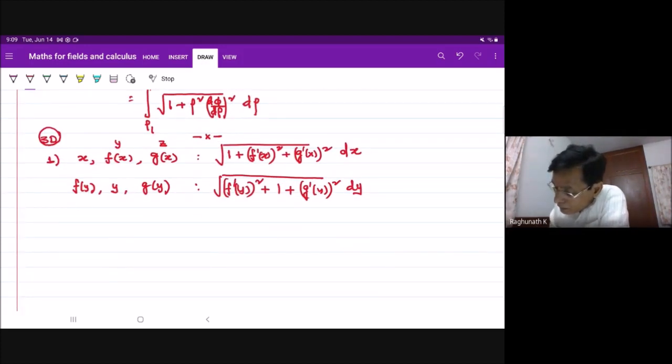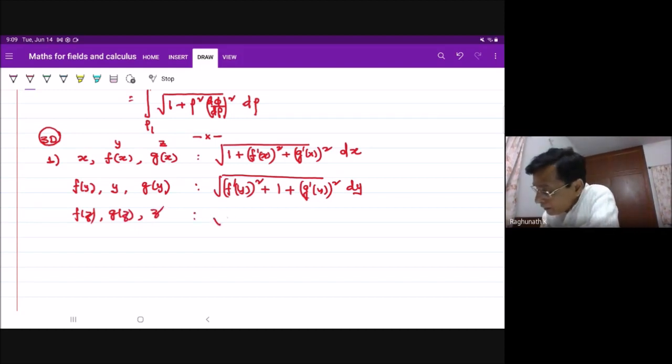Or f of x, g of x, z, one function f of z, g of z, z. Then in the limits, integral, integral, integral.